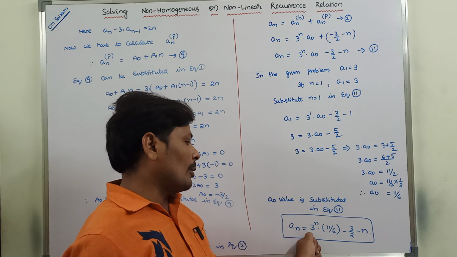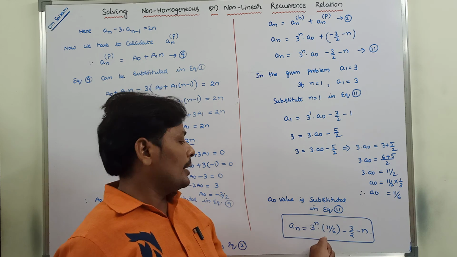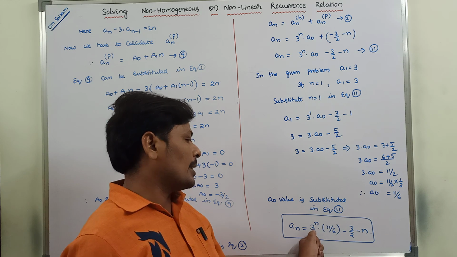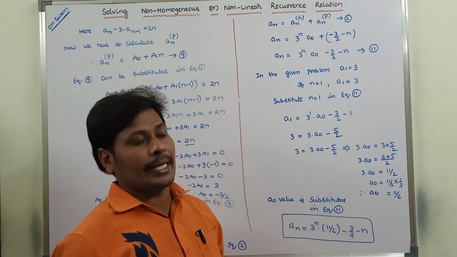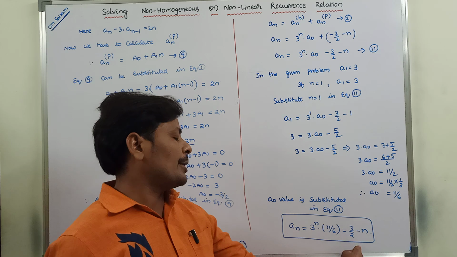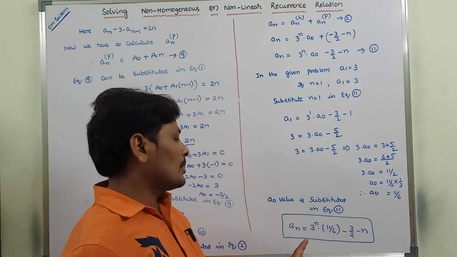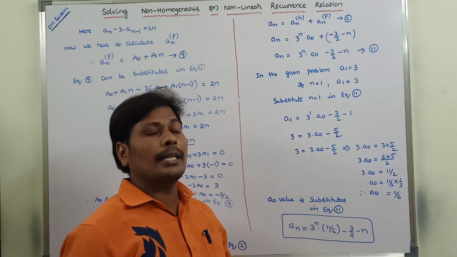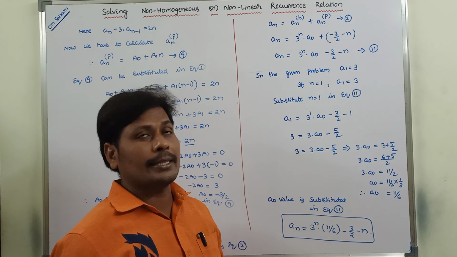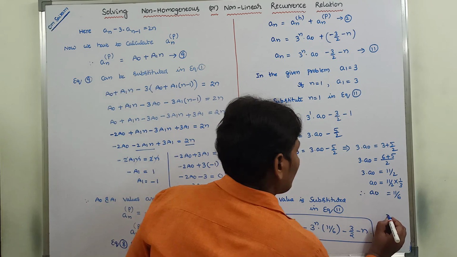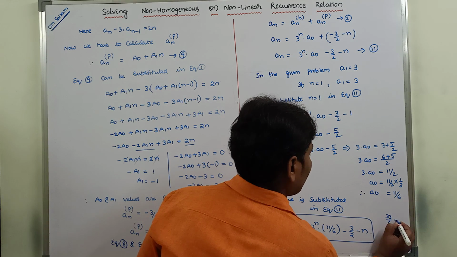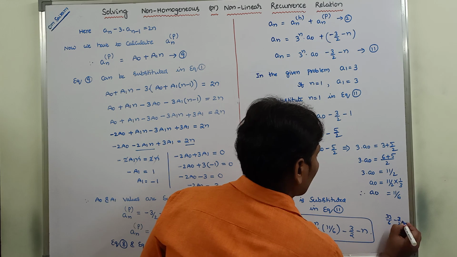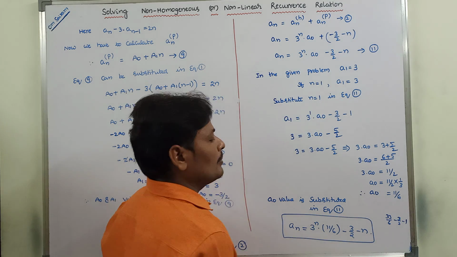So a1 is equal to 3 power 1 into 11 by 6. So 3 into 11 by 6 minus 3 by 2 minus 1. So 3 into 11 by 6 is nothing but 33 by 6. So 33 by 6 minus 3 by 2 minus n, which is nothing but 1.